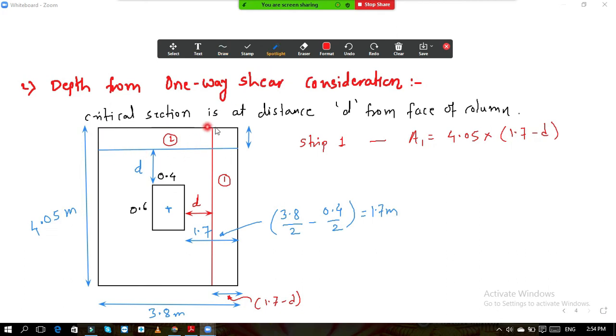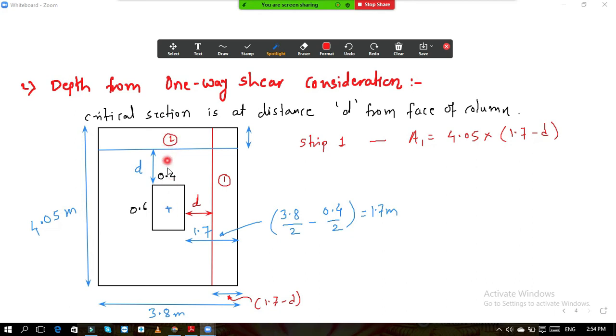Now just focus on this strip number 2. For strip number 2, this is 0.6 and this total is 4.05. So from the center, here is the center, from the center to this end, the distance will be 4.05 by 2.